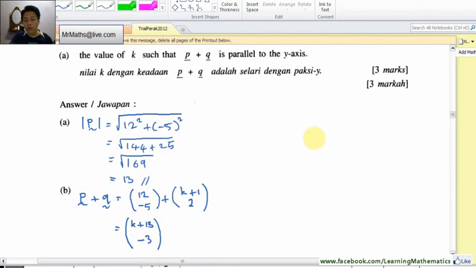Then if we are going to visualize how the vector p plus q looks like, it's going to be something like this. Okay, something like that. This is p plus q, right? So moving this way, this is k plus 13, and then that way, and then this we have minus 3. But if this is to be parallel to the y-axis, then k plus 13 must be 0.